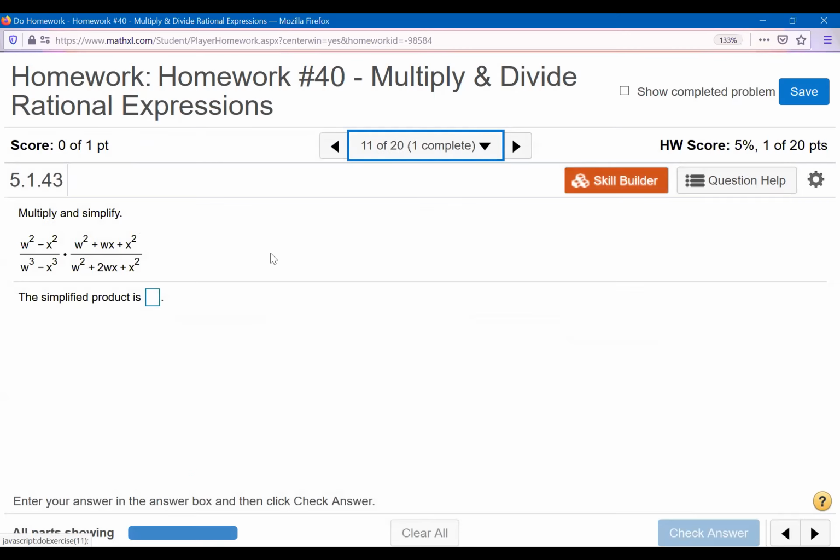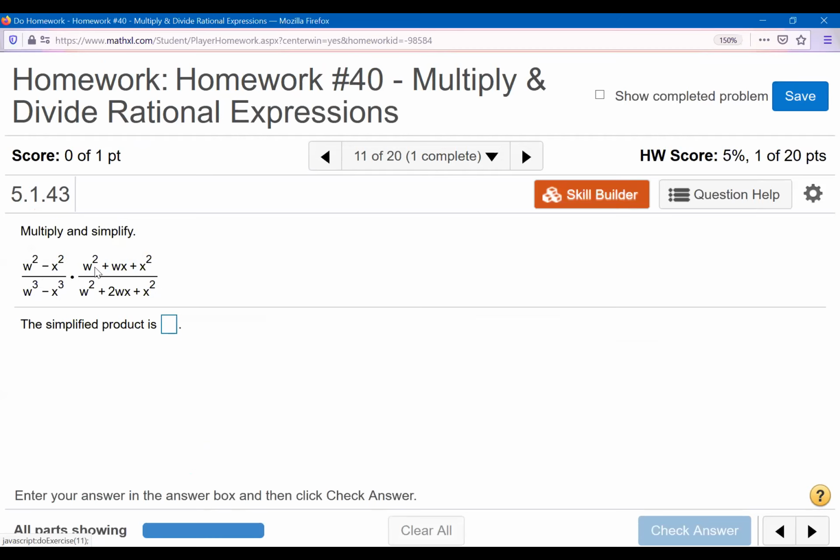Okay, here's number 11, multiply and simplify. So it's w squared minus x squared over w cubed minus x cubed times w squared plus wx plus x squared over w squared plus 2wx plus x squared.